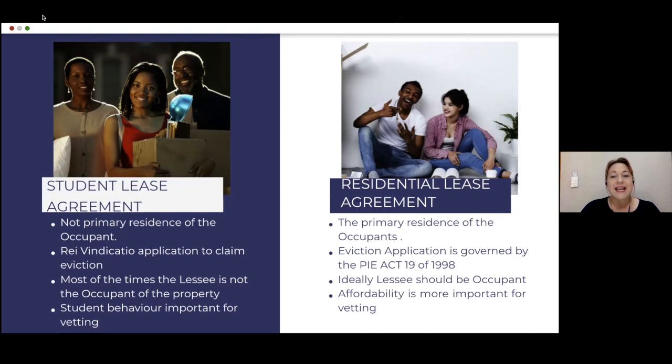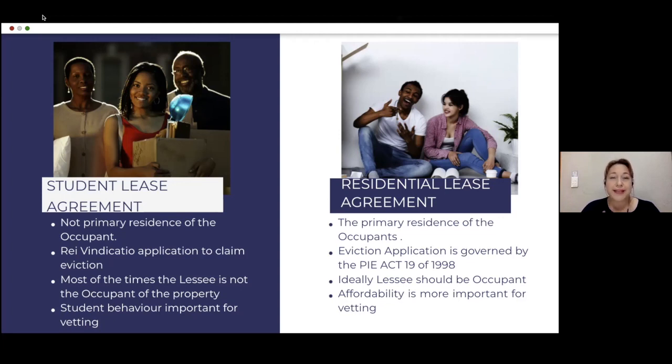The second thing, residential leases are managed by the PI Act. And remember, whether it's month to month or fixed term, the PI Act will be applicable because it's the primary residence. And ideally, your lessee should also be the occupant.